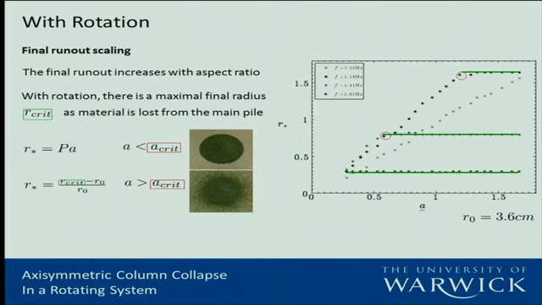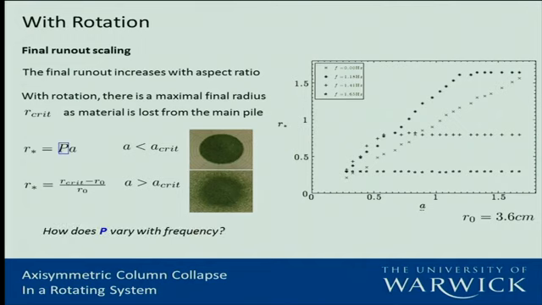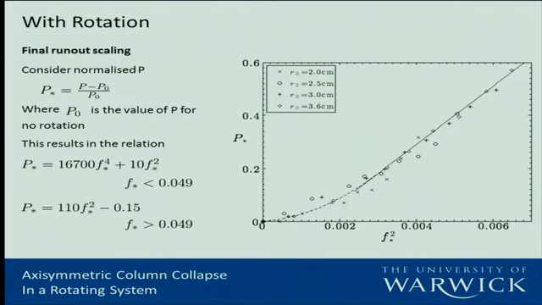So we have it settling at this critical radius, but what I want to know to further understand is how does this gradient vary with frequency? Again, consider a normalized gradient P, so the gradient of that line was P, normalized against the initial gradient when the frequency was 0, P naught.